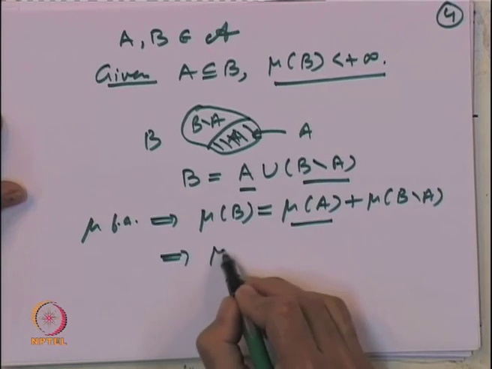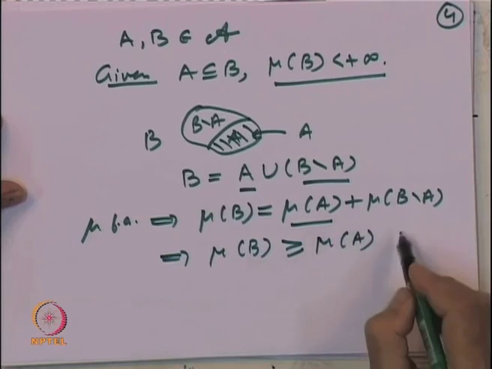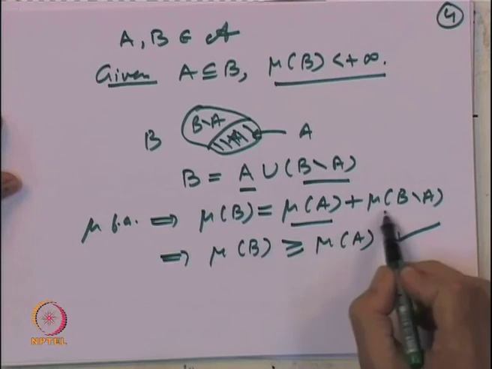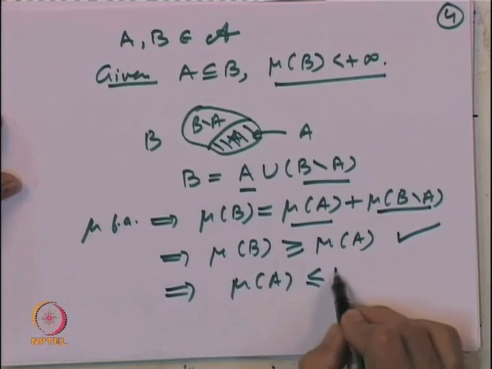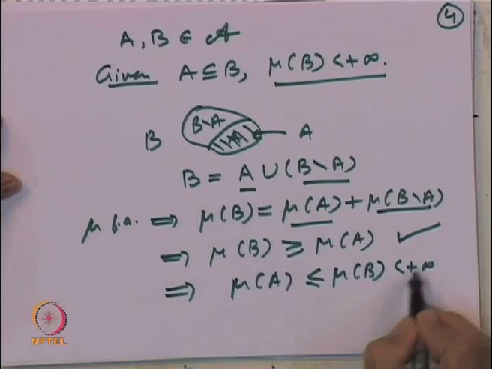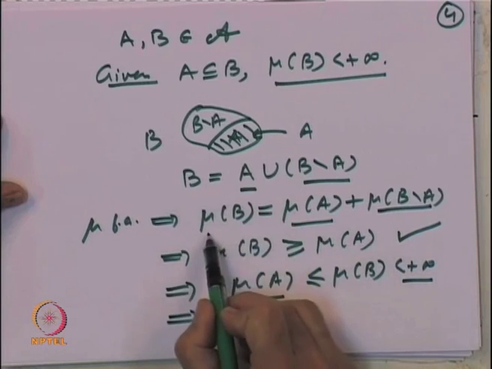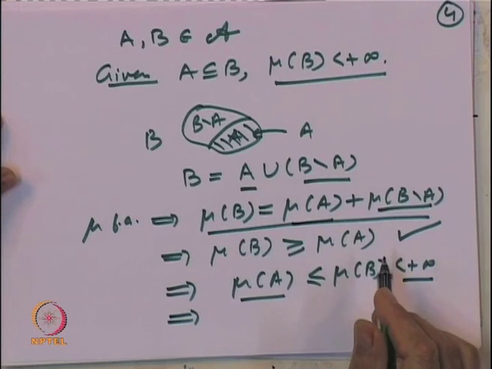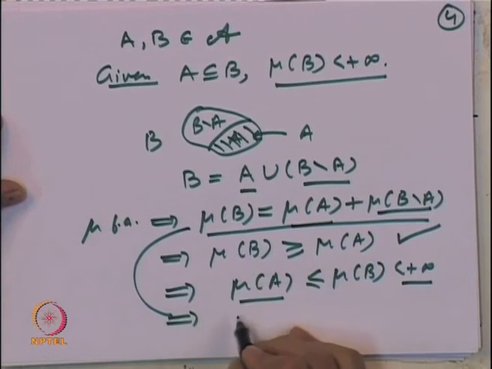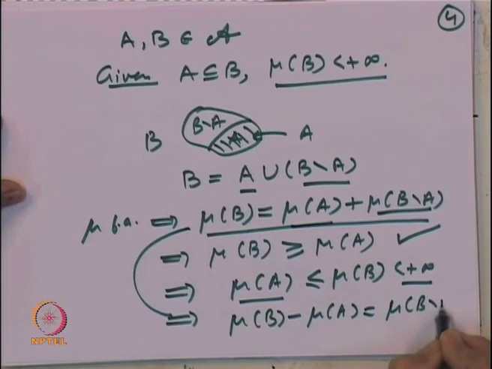So, that implies that mu of B is bigger than or equal to mu of A. That is one thing that we observe, because this is non-negative. So, this also implies that mu of A is less than or equal to mu of B, which is finite, and that implies mu of A is finite. So, in this equation now I can say all are real numbers, so I can manipulate this as an equation in real numbers. So, if I take it to the other side, mu of B minus mu of A is equal to mu of B minus A.